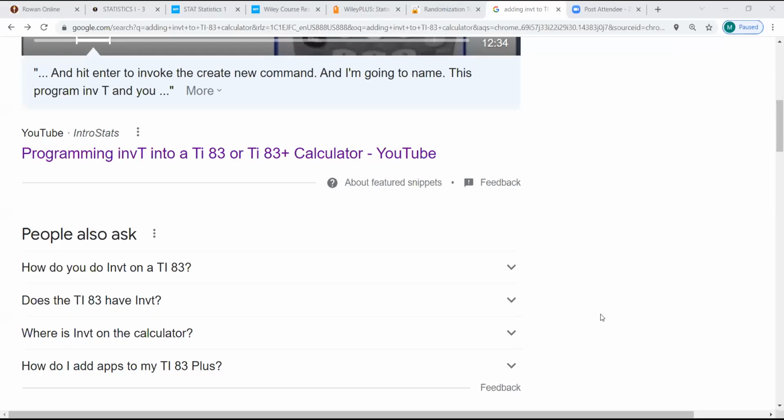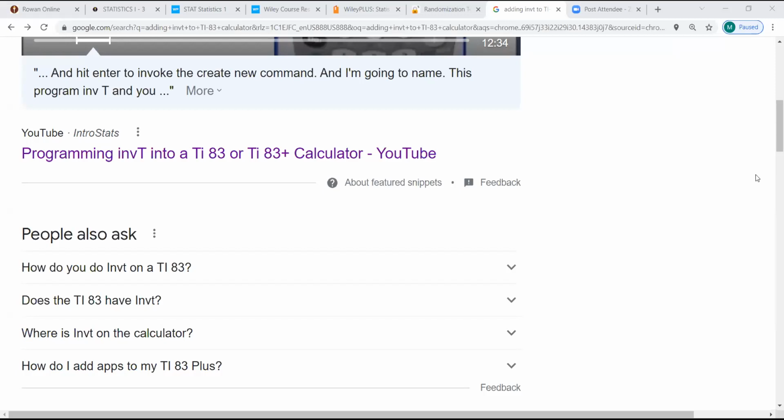What you need for your 83 calculator is inverse T. Where you find normal CDF and inverse normal and all that stuff, people with the 83 calculators will not find inverse T, INVT. So what you have to do is program it into your calculator. There's just a few steps. I found a YouTube video here.